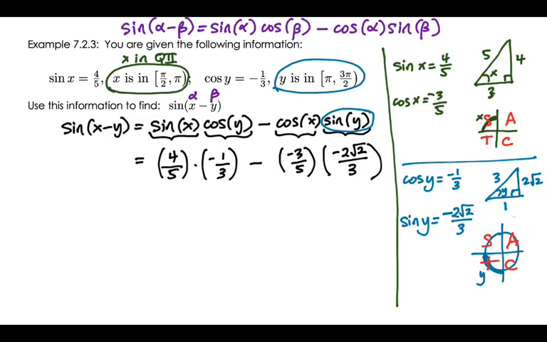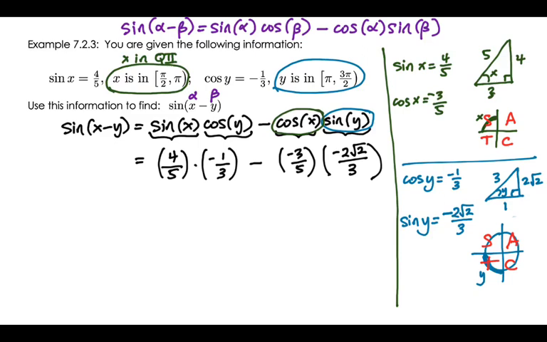So again, they told me what sine of x and cosine y was, but cosine x I figured out in my green scratch work, sine y I figured out in my blue scratch work, and now I've got all 4 of those figured out.